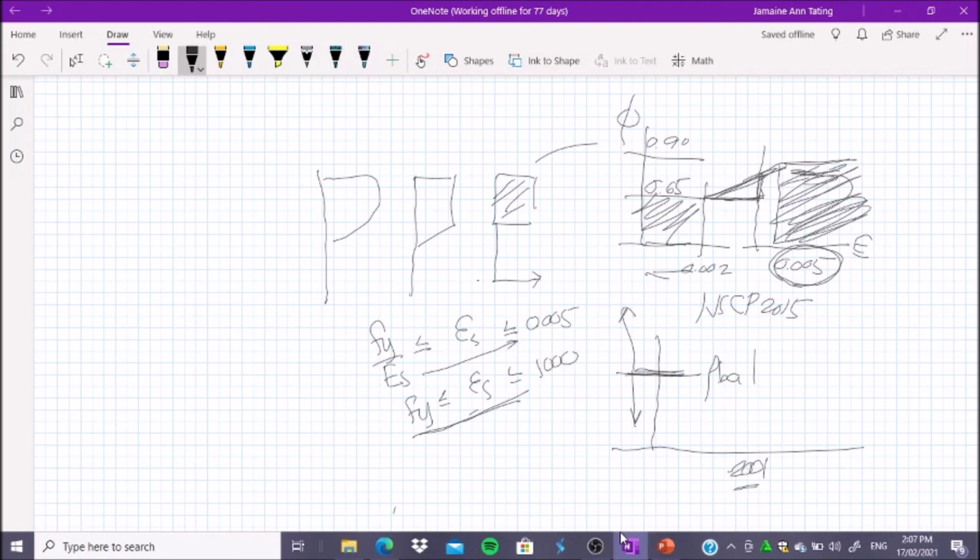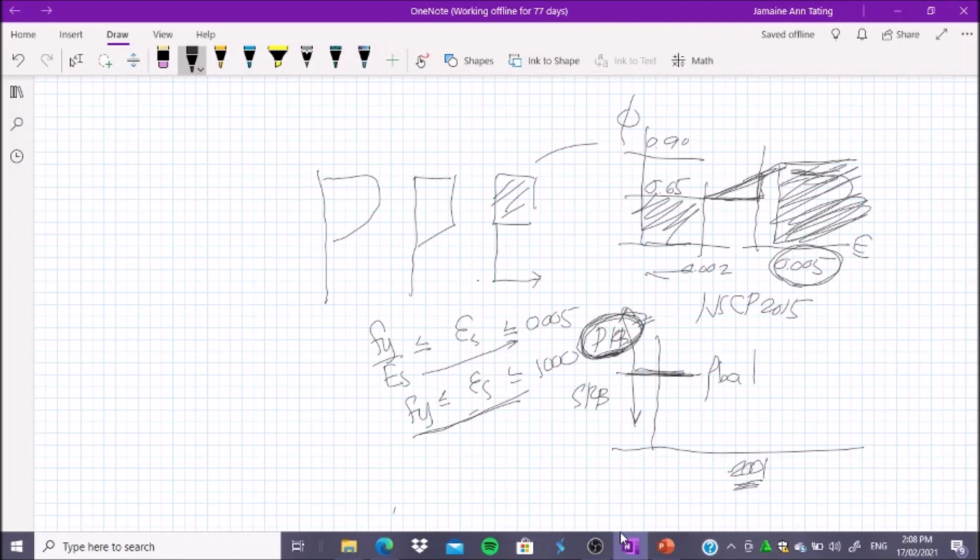Especially kapag rectangular, kahit hindi rectangular section. Ngayon, pag nag-design ka, singly reinforced din ba ito dito? And dito, double reinforced na kapag nag-design ka. Kasi hindi pwedeng maging over-reinforced, hindi pwede. Over-design, pwede ba lang over-design? Magkaiba kasi yung over-design sa over-reinforced. So, over-reinforced, hindi pwede kasi brittle siya.